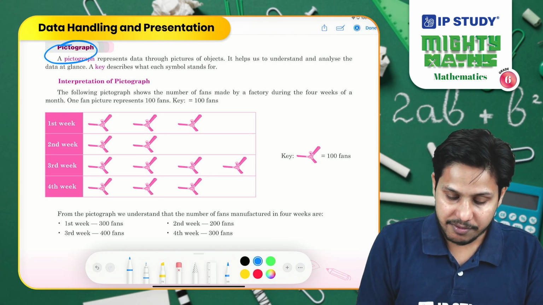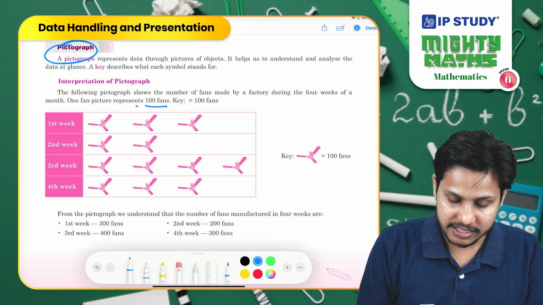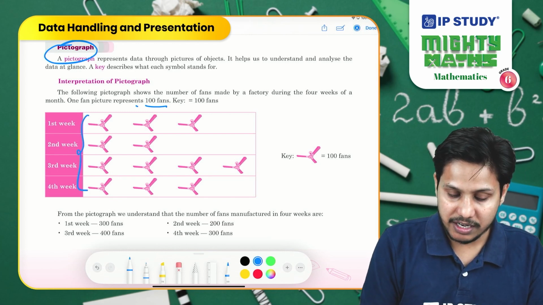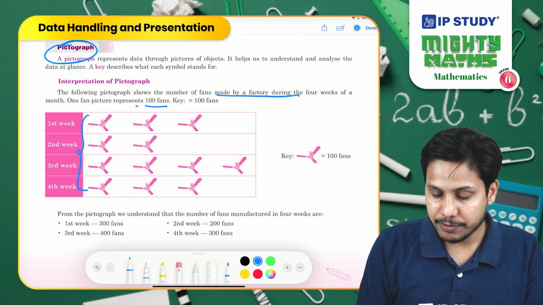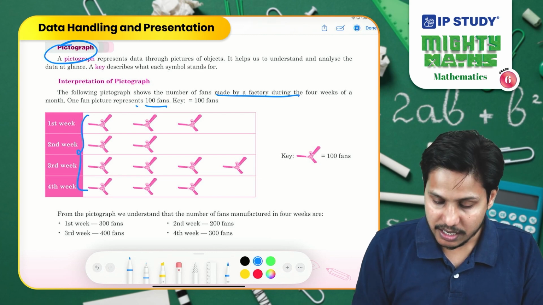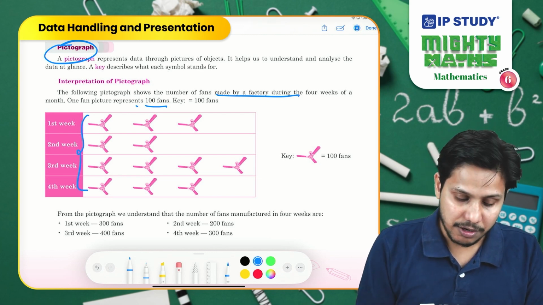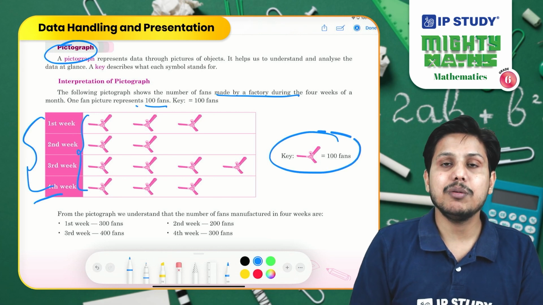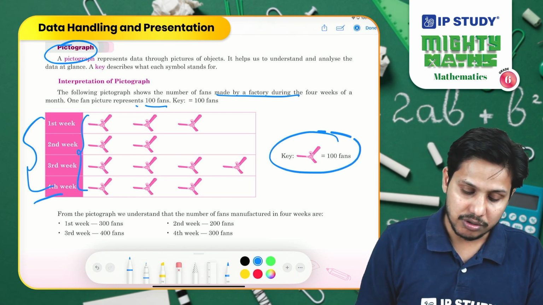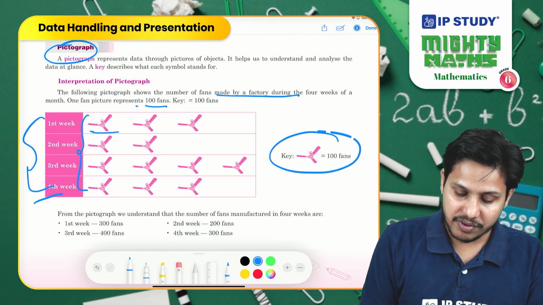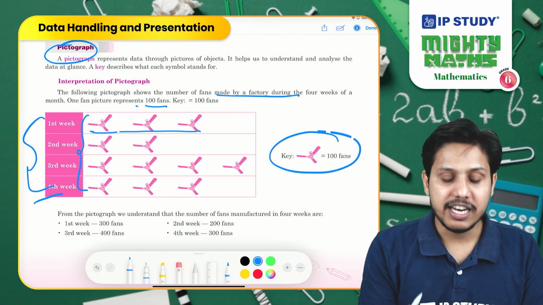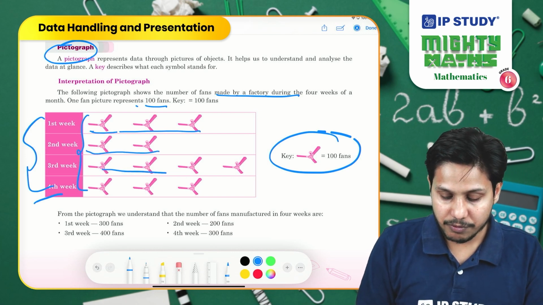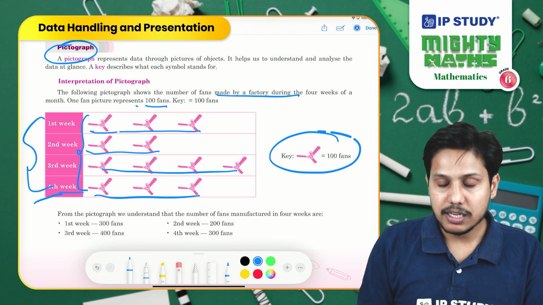For example, here we have data that is represented using a picture of a fan, and this picture of a fan is used to represent the number of fans made by a factory in a month for 4 different weeks. So here the key is that one fan will represent 100 fans. So it means in the first week the factory had produced 300 fans, then in the second 200, third week 400, and the 4th week 300.